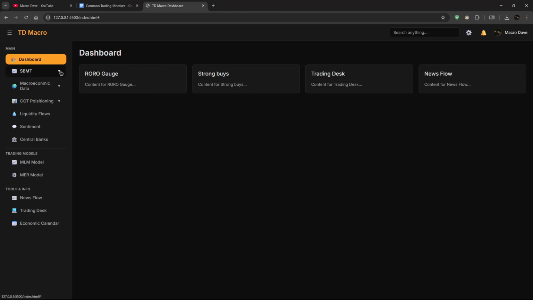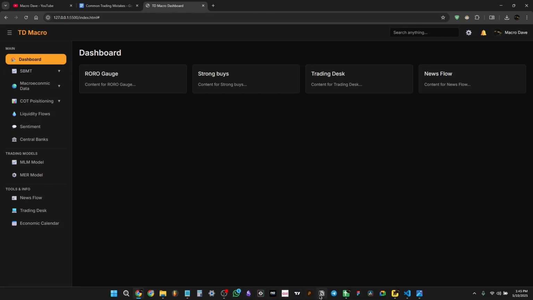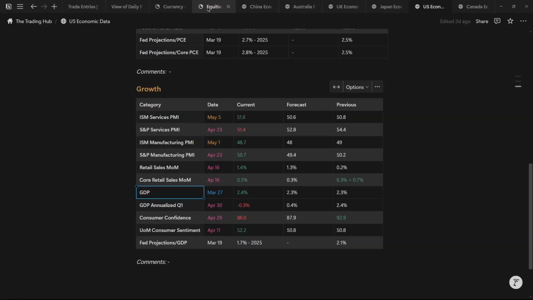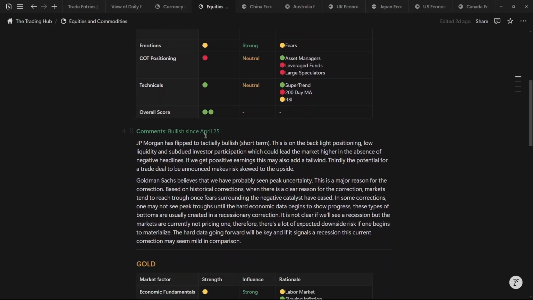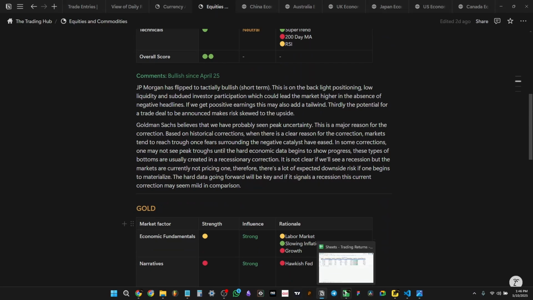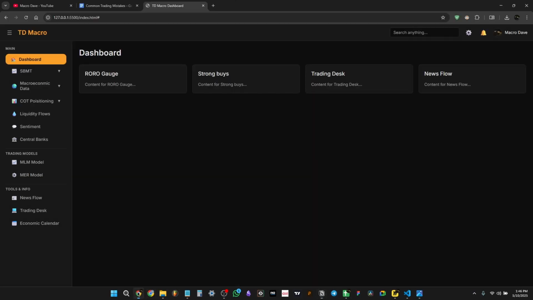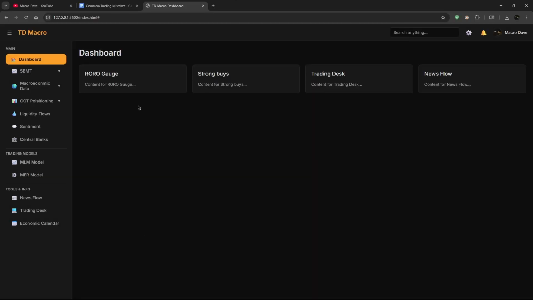Hopefully in maybe 4 or 5 months this can be up and running, and I can throw away all of this right here, and I no longer need to come into Notion and manually update and do all of that stuff every single day. So that's my system where I plan to automate my trading strategy.